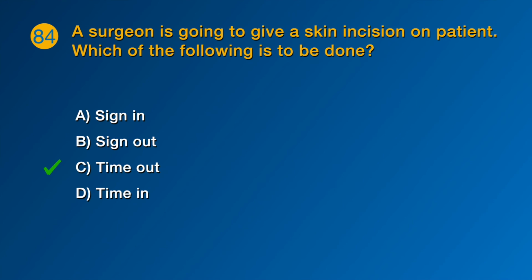Briefing includes introduction of team, role defining and checking of equipments. Second step is sign in which we confirm the patient, check consent form and allergies etc. Third step is time out, includes final checking, verbal confirmation of patient information and performing surgery.